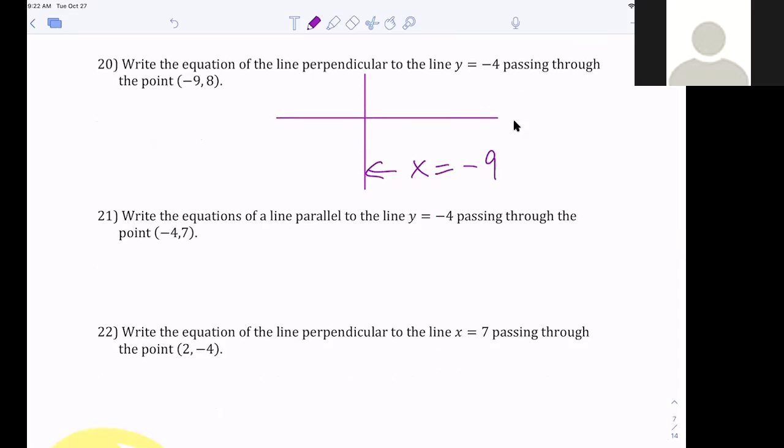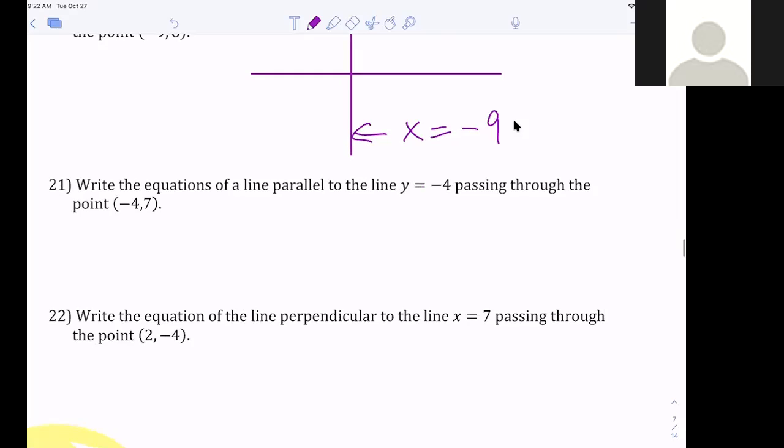All right, here we go. On number 21, y equals -4. What kind of line is y equals -4? Horizontal, because we've already said it a bunch. Now, I want to be parallel.